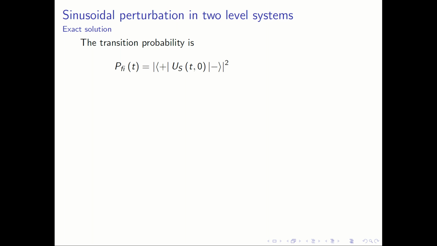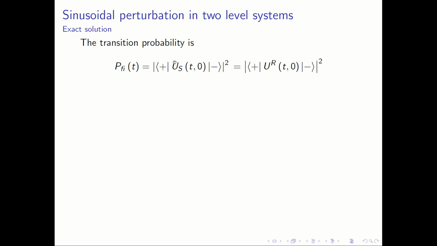Remember, R inverse is made only out of sigma z. And it's easy to see that all that this will give you is a phase factor. So if you take the mod square, that phase factor will simply give you 1. So you can simply forget about the distinction between U_S and U_R for this purpose.